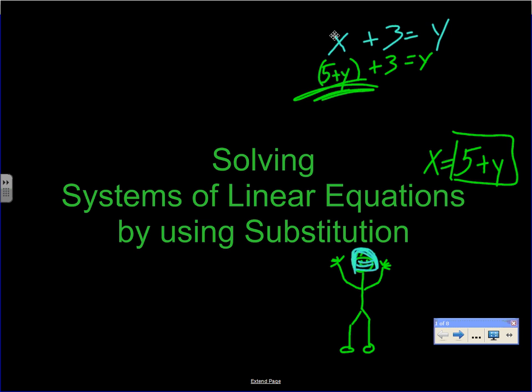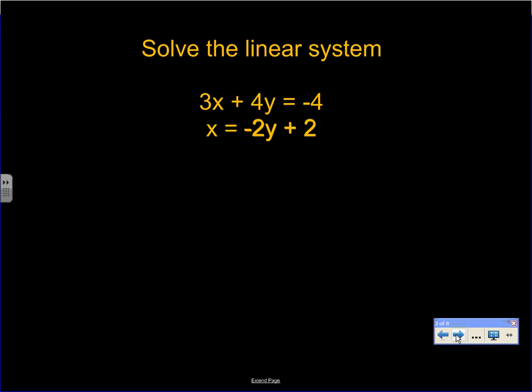All right, so let's look at this. Here we have a system of linear equations. Two equations: 3x plus 4y is equal to negative 4, and x equals negative 2y plus 2. You could graph those and find the point where they intersect, but just like in the previous lesson, you don't always get an exact answer when you use graphing.